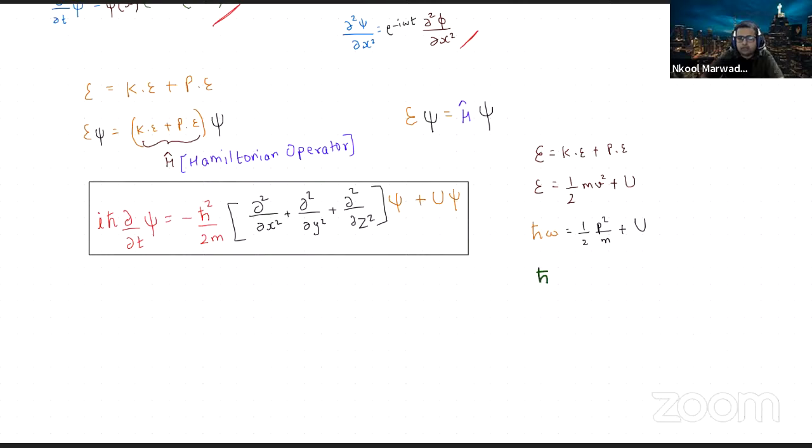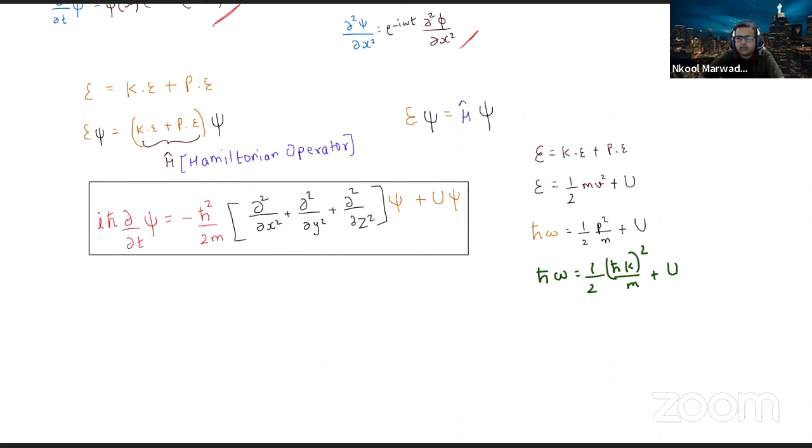So I have something like this: h bar omega is equal to half of (h bar k) square upon m plus capital U, where instead of p, I write h bar k. Here we made use of two very basic formulas that I will write for reference.